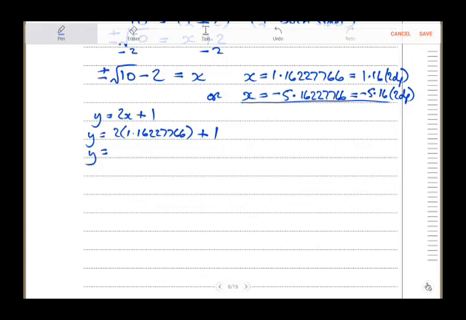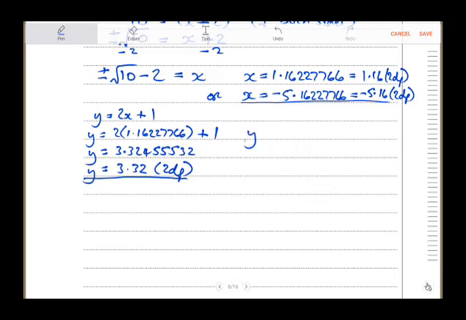So I'm just going to type that into the calculator, equals 3.3245532, which is 3.32 to 2 decimal places. So when x was 1.16, y was 3.32.